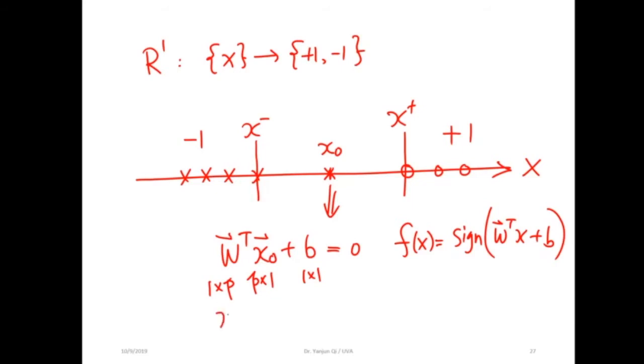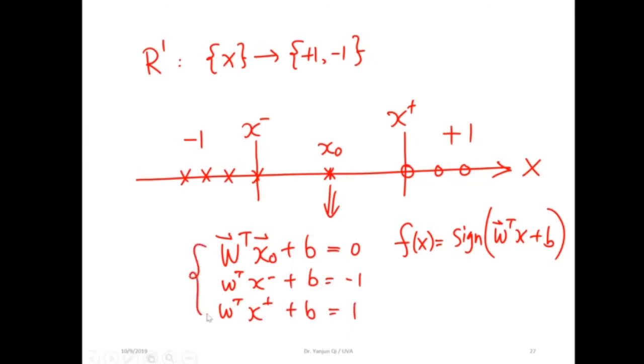And then my left boundary is w transpose x plus b equals -1, and the right boundary is w transpose x plus b equals +1. This is my design of the region. After this design, I guarantee everything later will be predicted correctly. And then my decision function is naturally f(x) equals sign of w transpose x plus b.